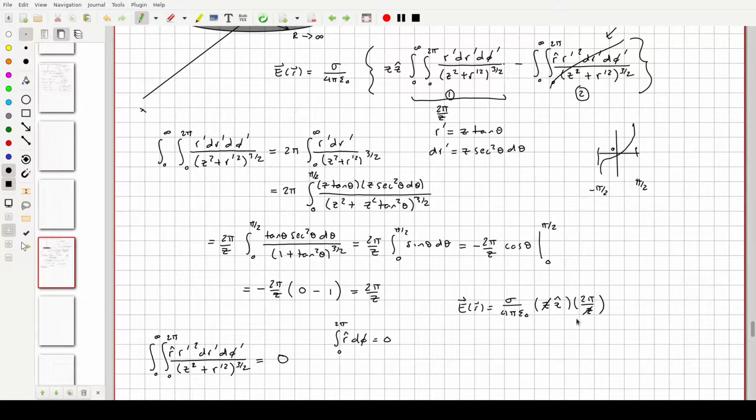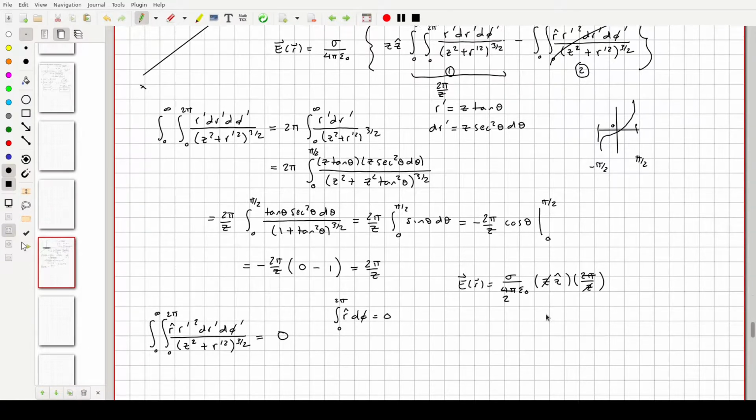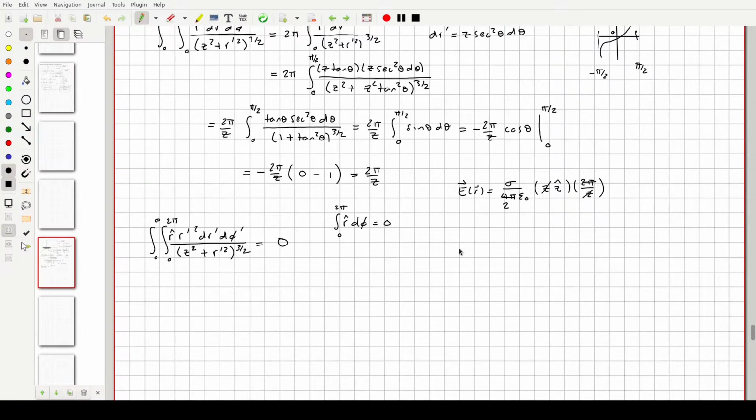The z's cancel. The 2 pi cancels with this, giving me a 2 on the bottom. So the electric field that I have above an infinite sheet of charge looks like sigma over 2 epsilon naught z hat.